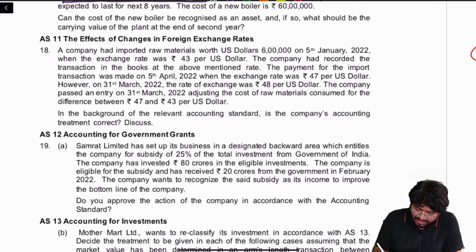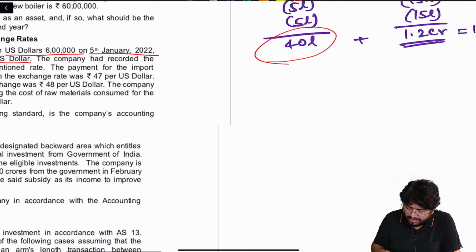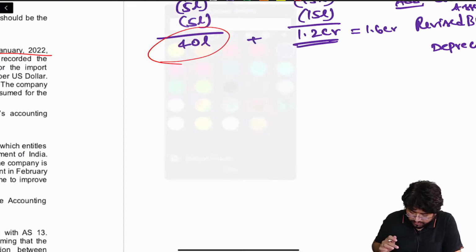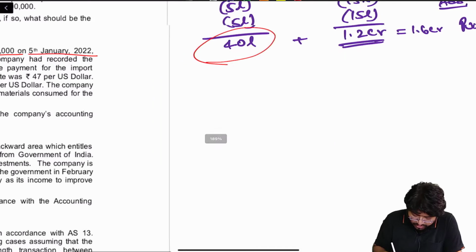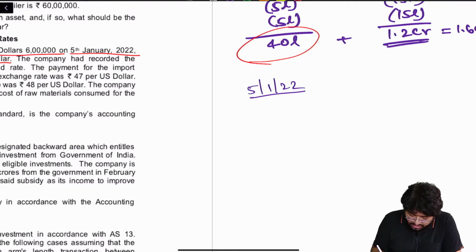Initially, when you entered into the transaction, the value is 43 into $600,000. That happened on 5th January. So let me put it down here. On 5th January 22, on entering into the transaction, you are supposed to recognize 600,000 into 43.